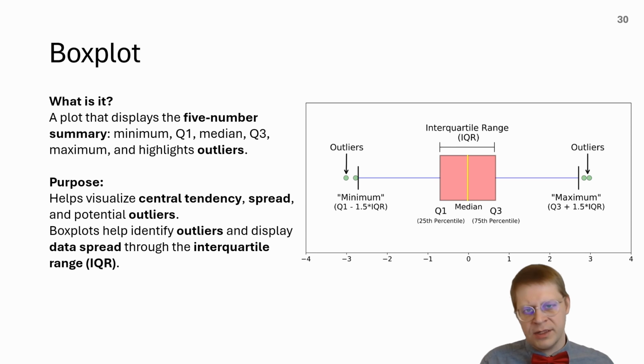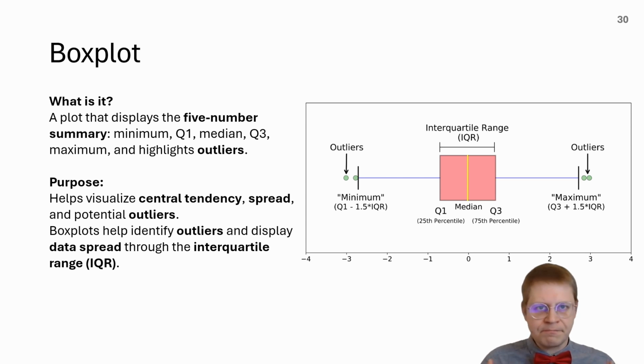The same logic applies to the maximum: you have Q3, the 75th percentile, plus 1.5 multiplied by IQR, and this is your maximum, and everything above this maximum is an outlier. And the interquartile range, or IQR, is basically the difference between Q3 and Q1, or the 75th percentile and the 25th percentile.